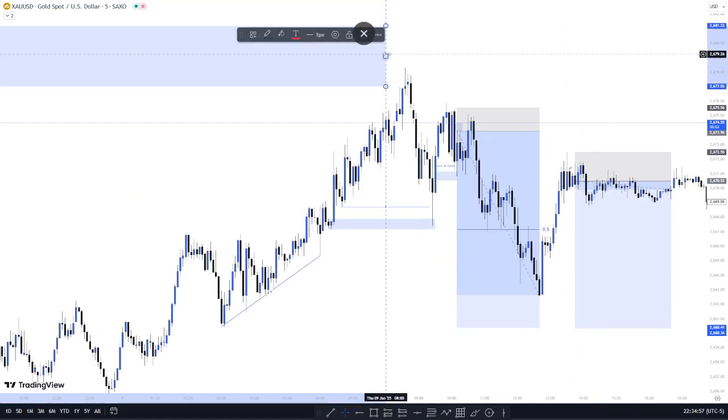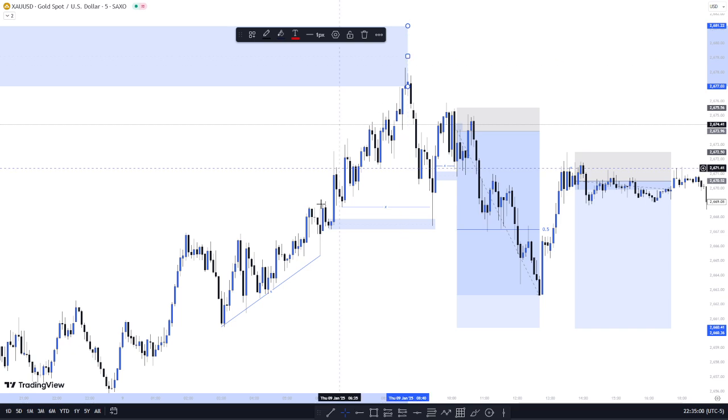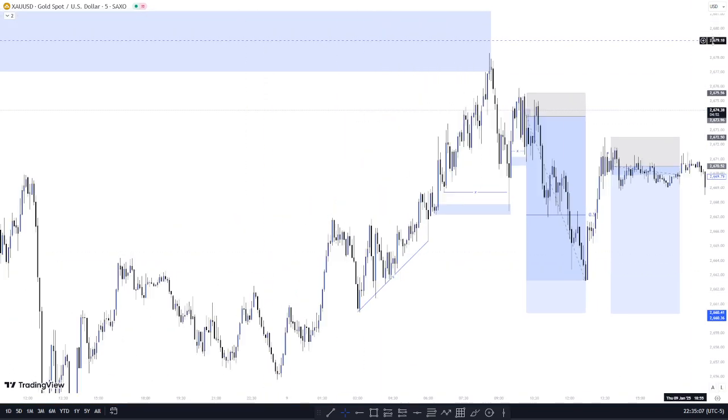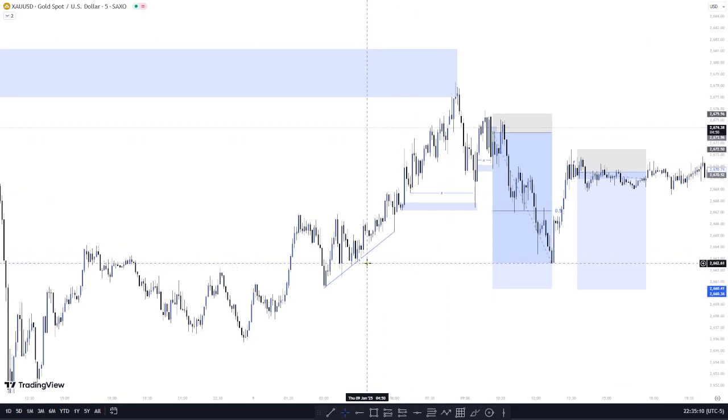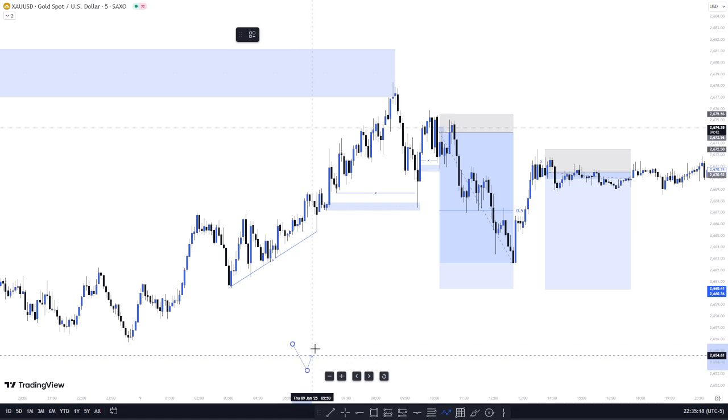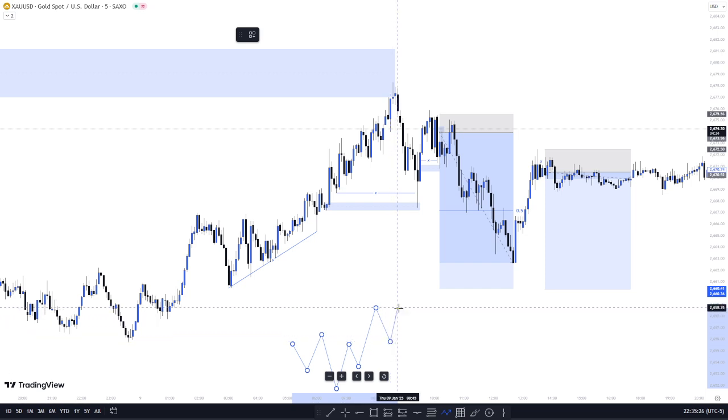Before price tapped into this 1 hour imbalance, there was all this compression liquidity, which you can see price is kind of coiling up, like a coiling motion. Let's draw this range. This is an example. See this range, you can see price coiling up.